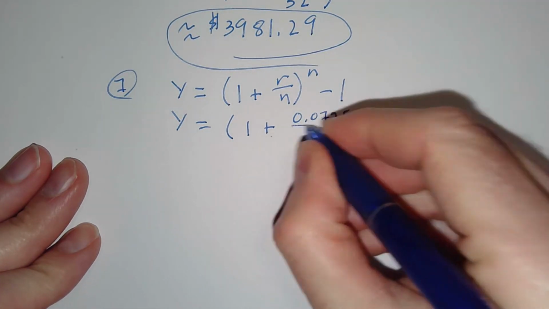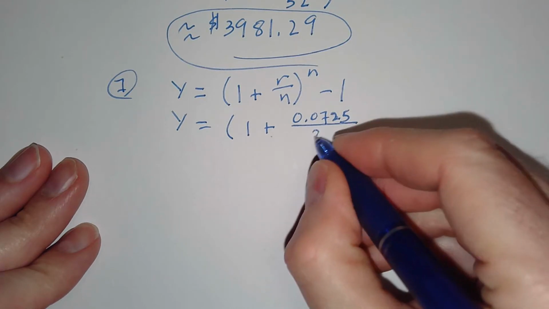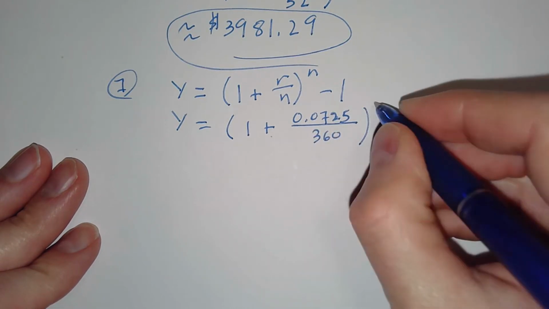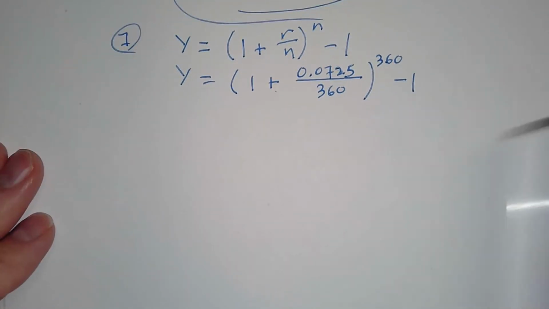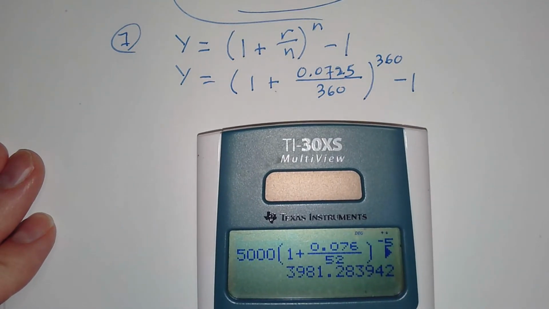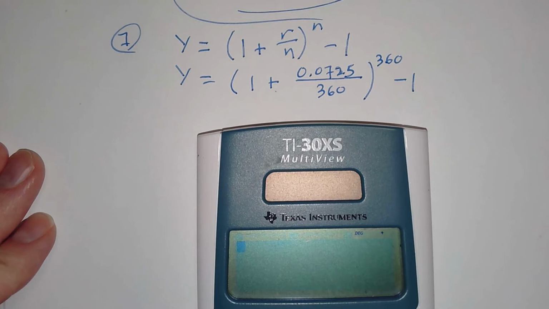And it's compounded daily, so we're going to use banker's rule. We're going to use 360 here, not 365. And then we're going to plug that into our calculator. Make sure you hit the right arrow here and then subtract 1.